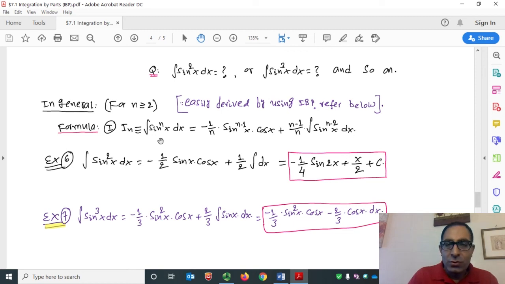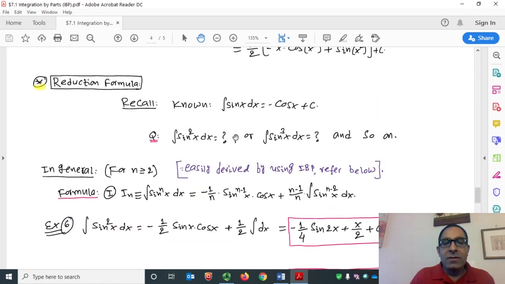So that means we started taking the integral of sine x to the power n, then it reduced from power n to the power n minus 2. So that means in the next step it reduces the power to n minus 4, then n minus 6, and so on to power 3, power 2, and to power 1. That means sine x. Then we can apply this formula. So that's the idea. Great.